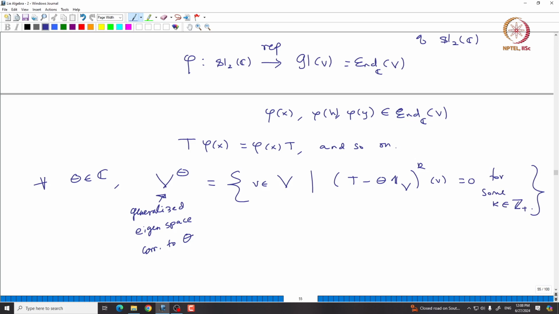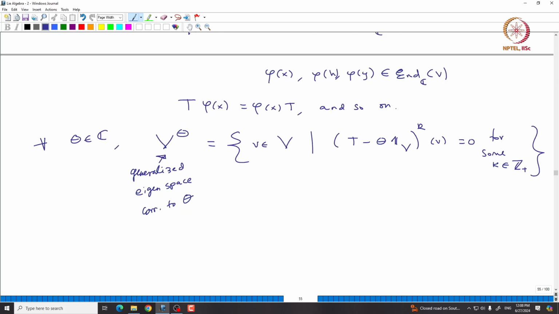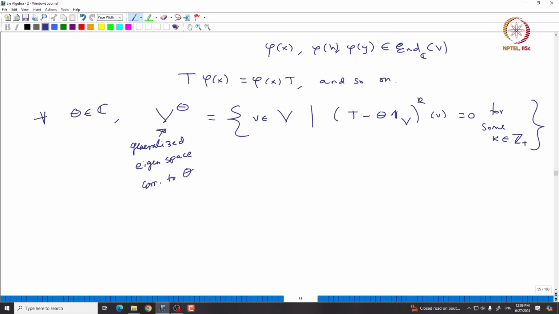Note that from the general theory of linear operators, you know that there is some unique number for which everything will be killed on this V theta, because T minus theta identity is going to be a nilpotent operator when you restrict it to V theta. So obviously T minus theta identity to the power dimension of V theta will be 0. That is what the general theory says, but this is good enough for our definition.